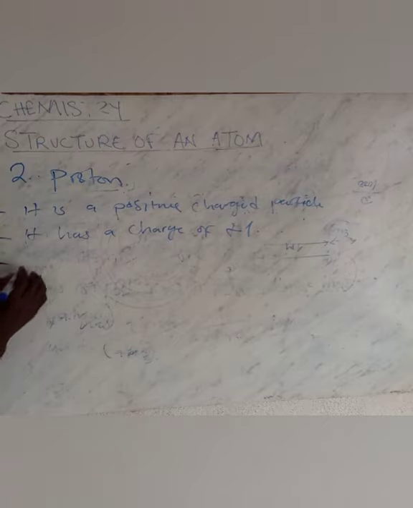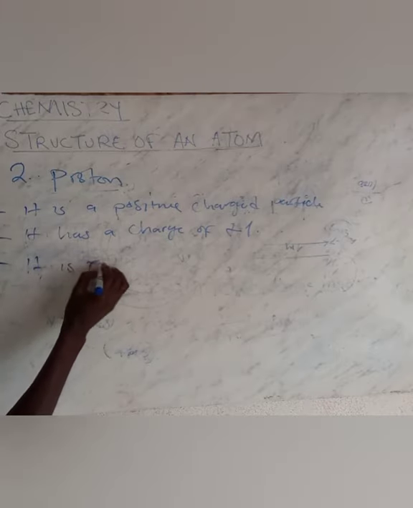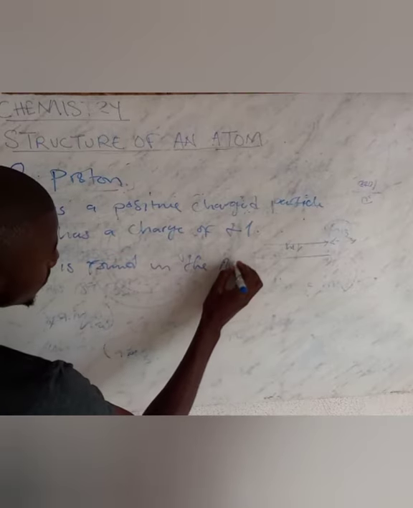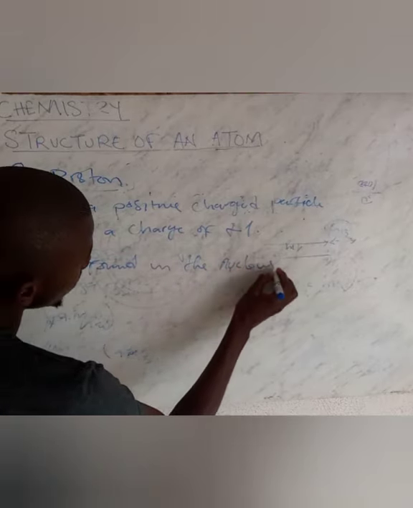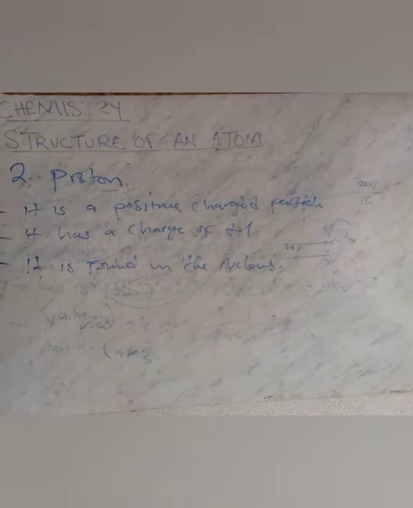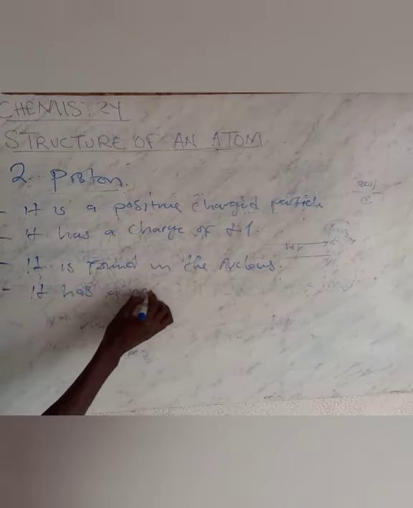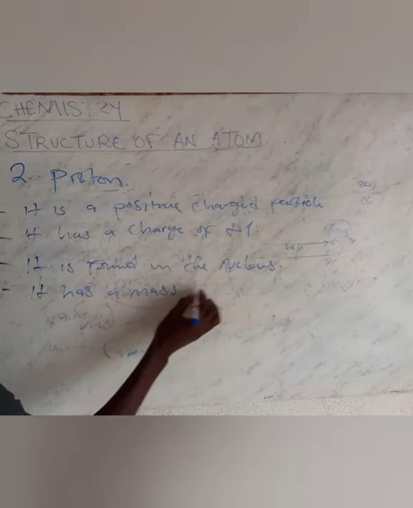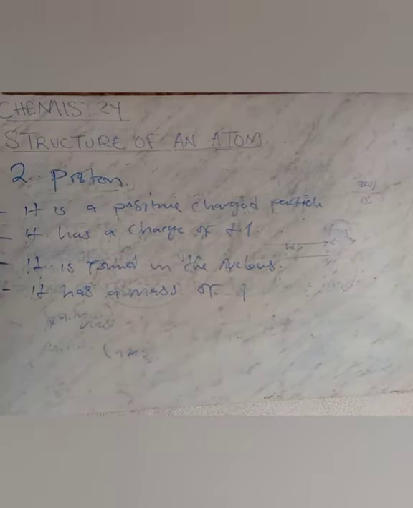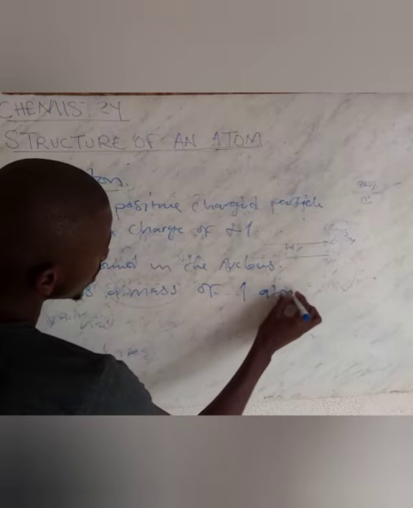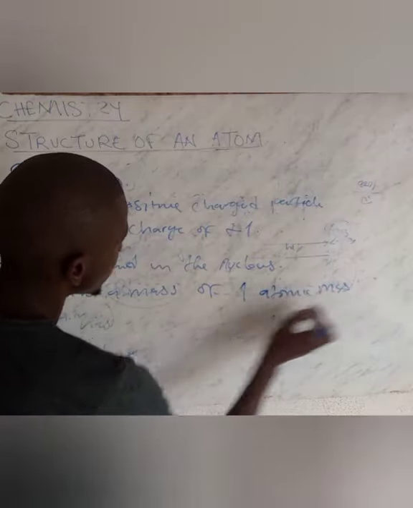Now, this proton is found in the nucleus. A proton is found in the nucleus. Then it has a mass of 1 atomic mass unit.